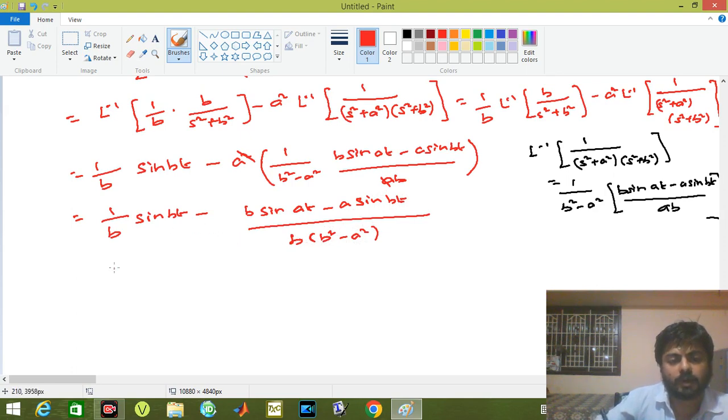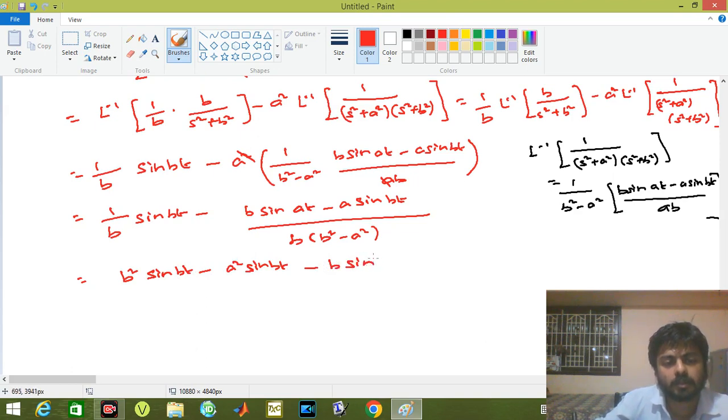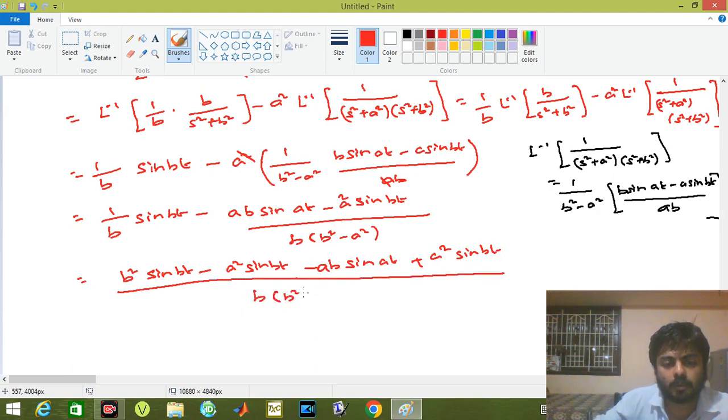Now I have to take the LCM for these two, which implies b square sin bt minus a square sin bt minus ab sin at, and minus of minus will become plus a square sin bt, whole divided by b into b square minus a square.